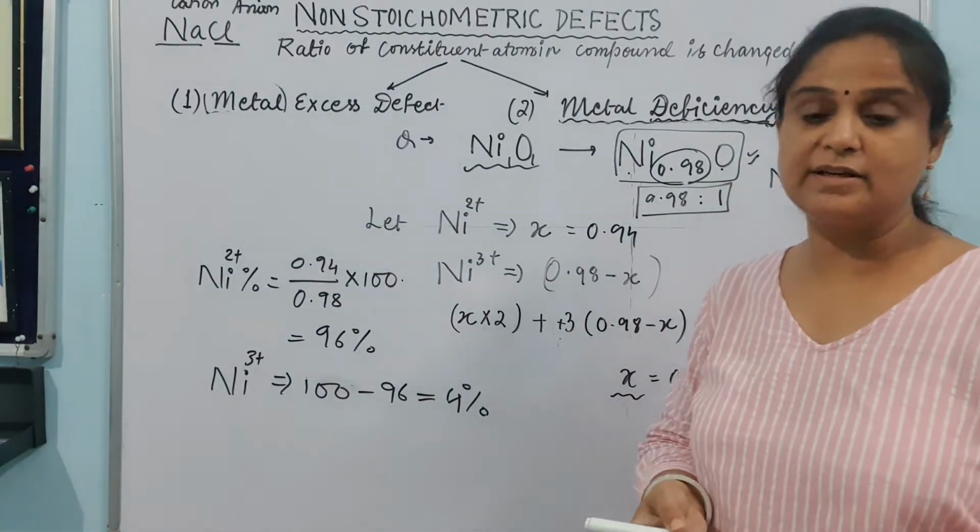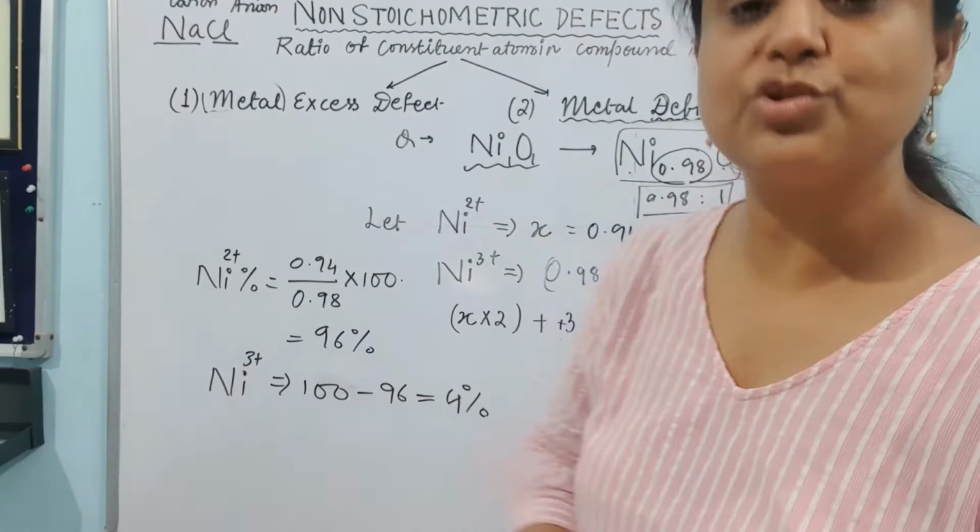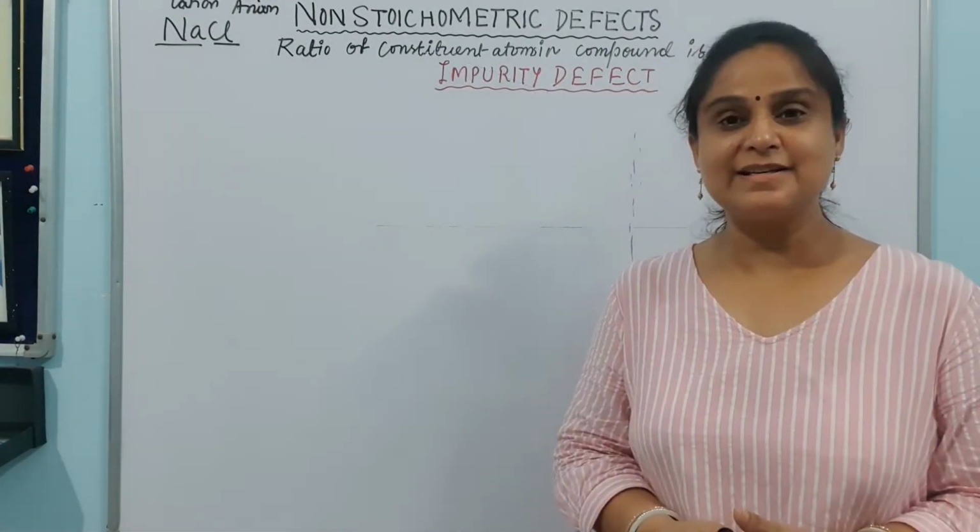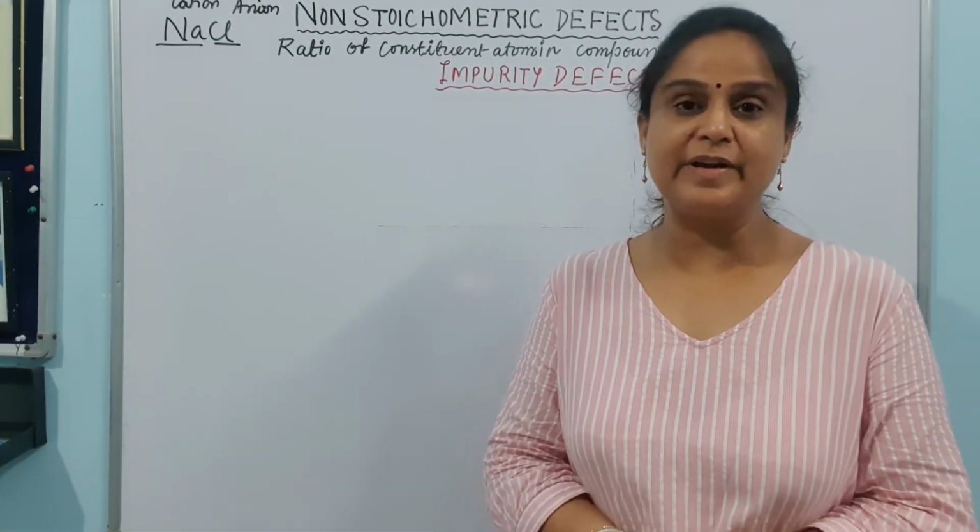It is found in crystals which have cations that show variable valency. Let's understand impurity defect, the third type of defect and the last defect.